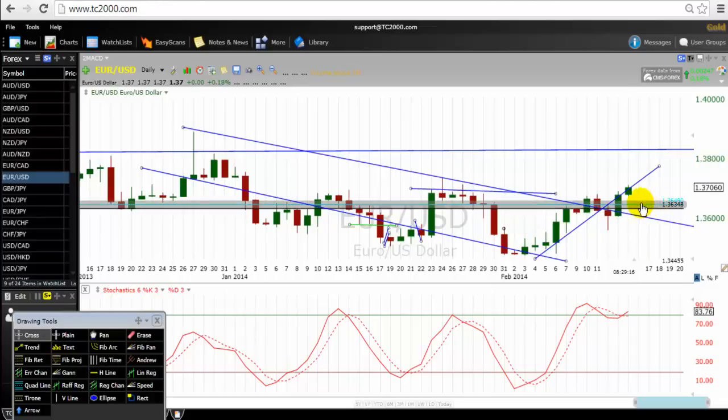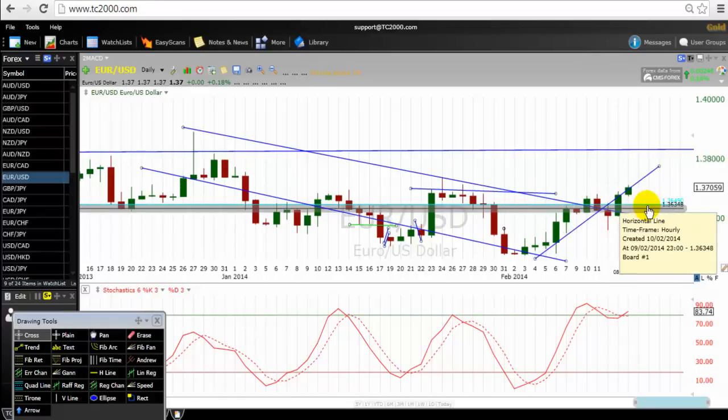We are also above the short-term equilibrium price level for the Euro USD, which is now 13649. This level will remain in place up to the end of next week. 13649, this is what we call the fair value, the short-term fair value. That's what we call the short-term equilibrium price level for the Euro USD.